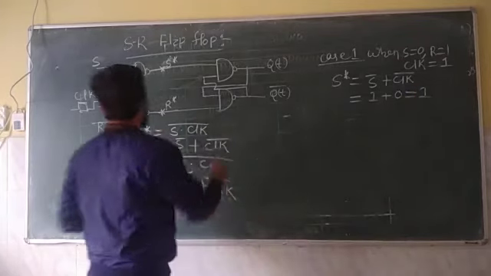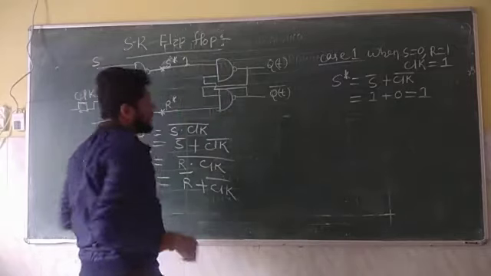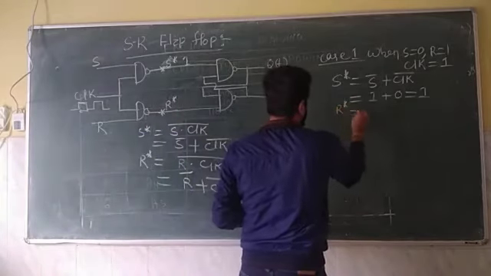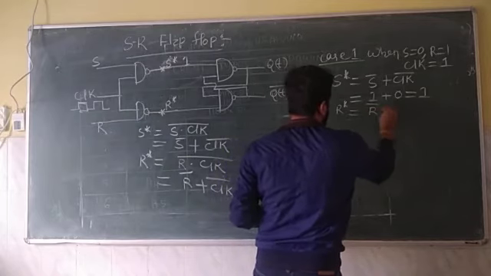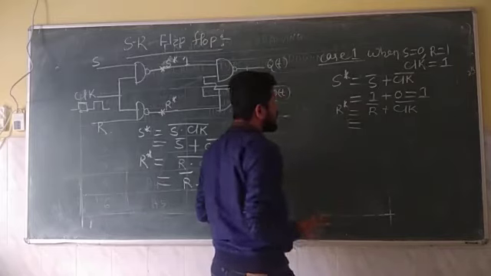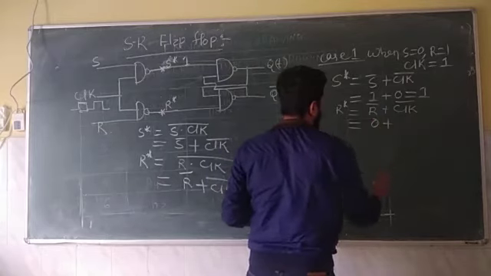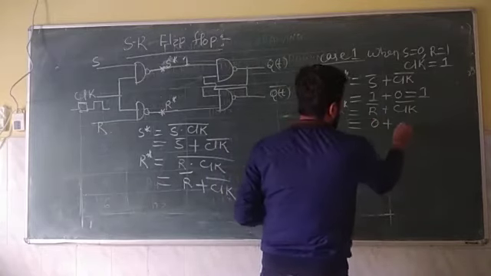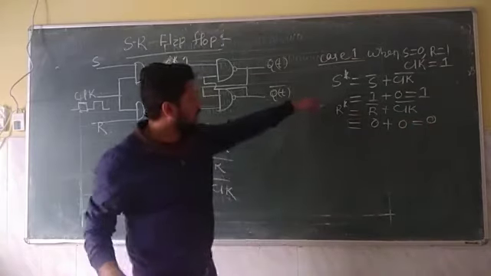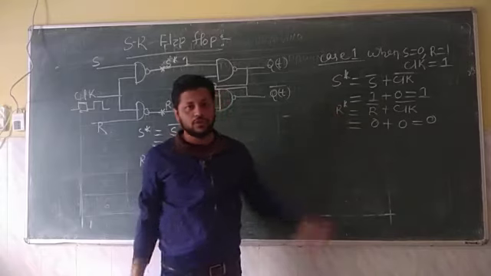So S star is equal to 1. And then R star is R bar or clock bar. R bar is 0, or clock bar, which is again 0. So we have 0. So we have S star equal to 1 and R star equal to 0.